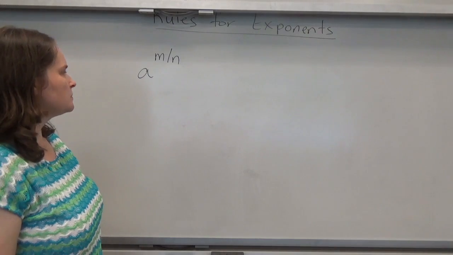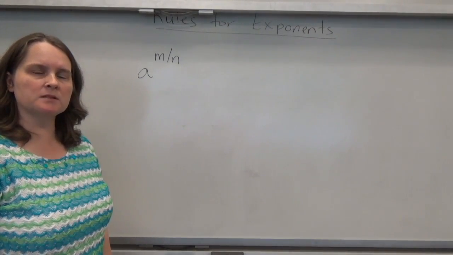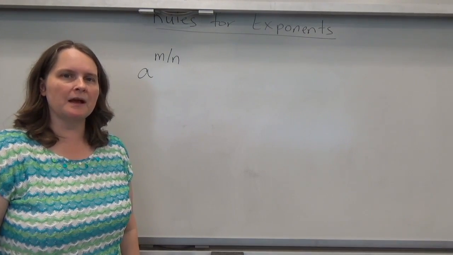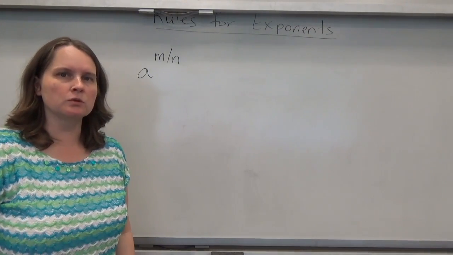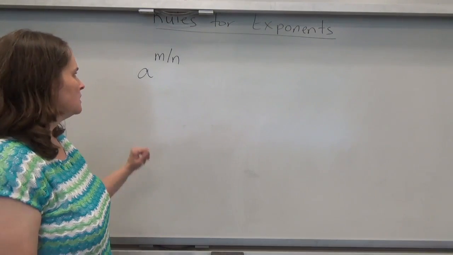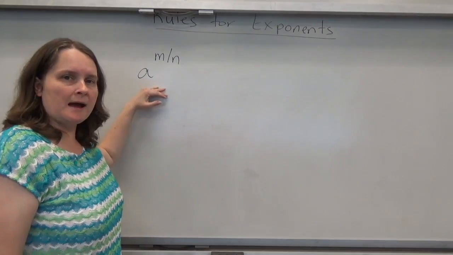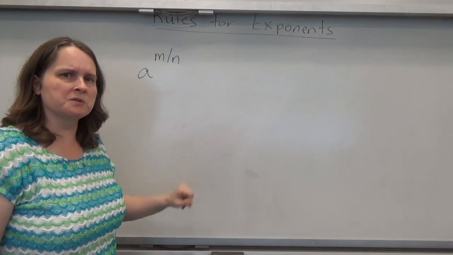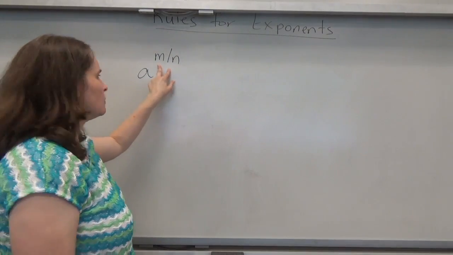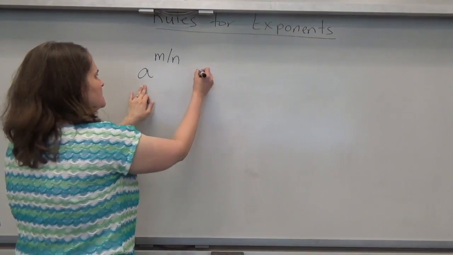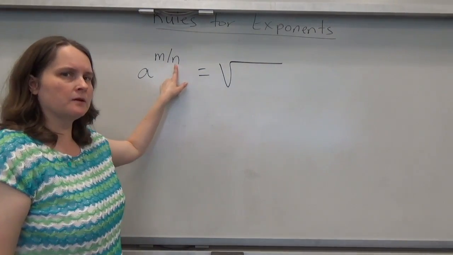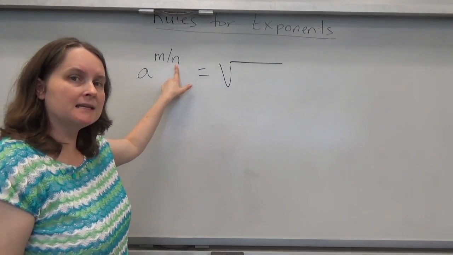All right, so next we're going to be looking at what happens if you're raising a base to a fraction power. Again, you cannot multiply a number by itself, for example, 2/3 times. So there's another way of looking at this. We're going to be dealing here with radicals, working with square roots, cube roots, that sort of thing. The fraction tells me how to set up my radical. The base will go inside my radical. The denominator that I see up here in this exponent is going to be what we call the index.